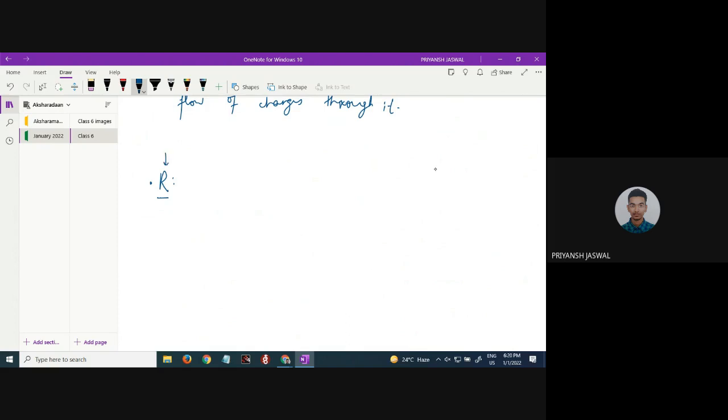The symbol we use for electrical resistance is R most of the time, and its SI unit is ohm, and for this we use the symbol omega. This symbol is capital omega. Just like there are alphabets in English, like capital A, small a, similarly there is a capital alphabet omega in Greek.